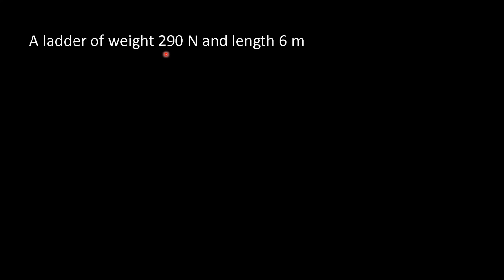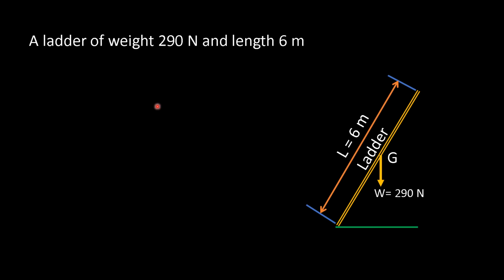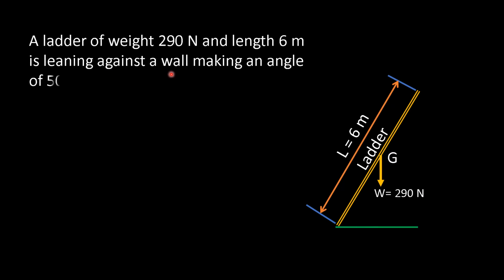A ladder of weight 290 Newton and length 6 meter is leaning against a wall, making an angle of 50 degrees with the wall.